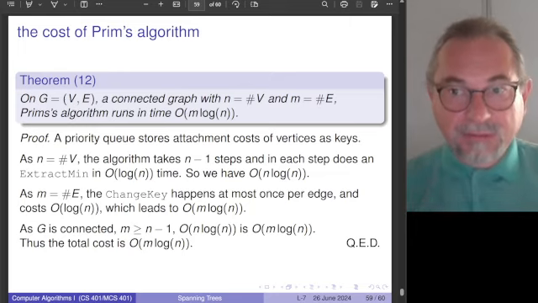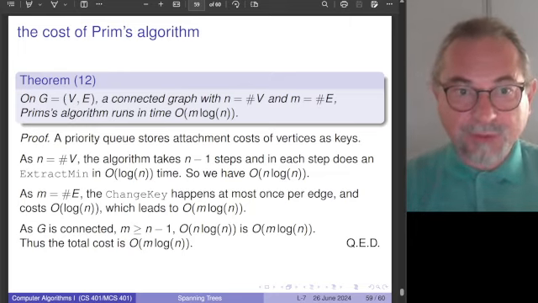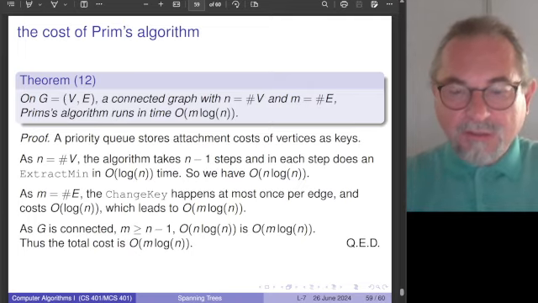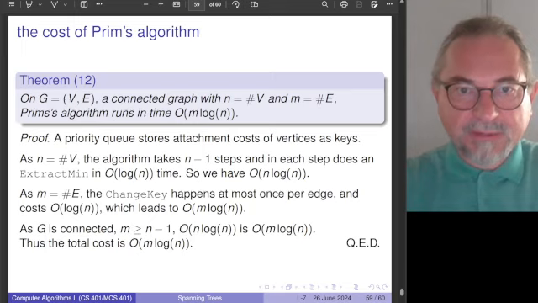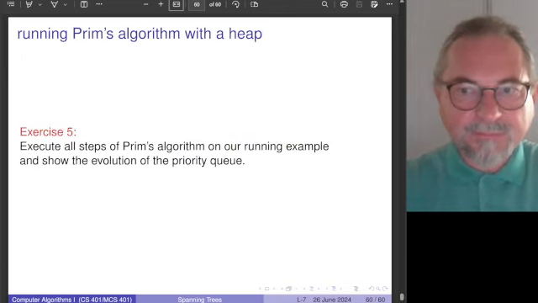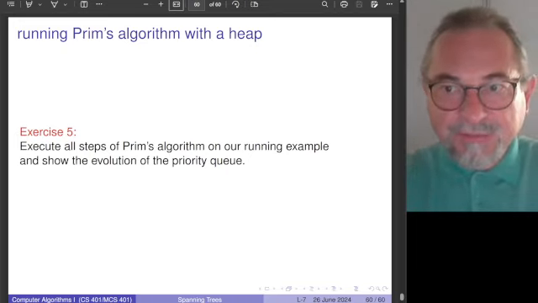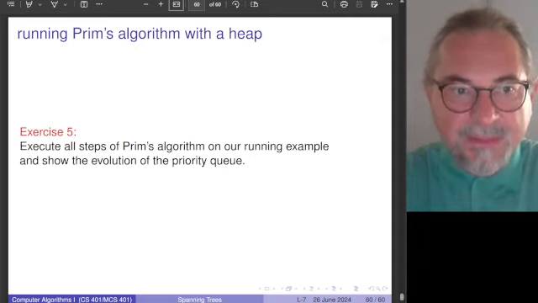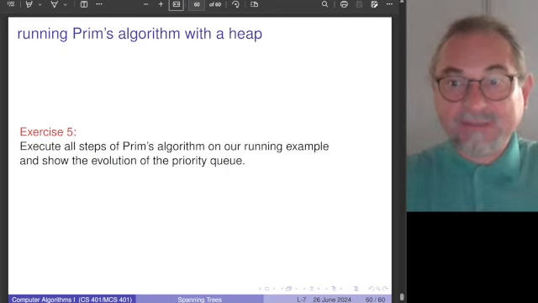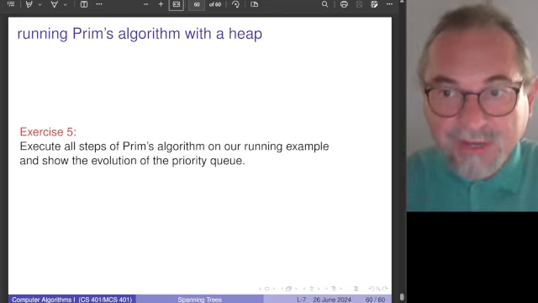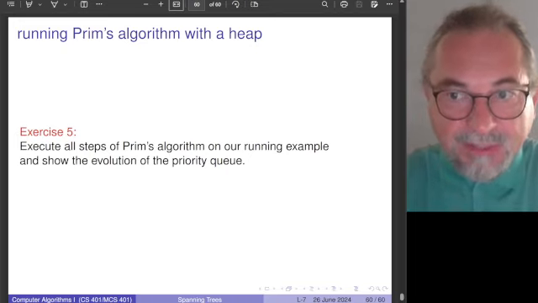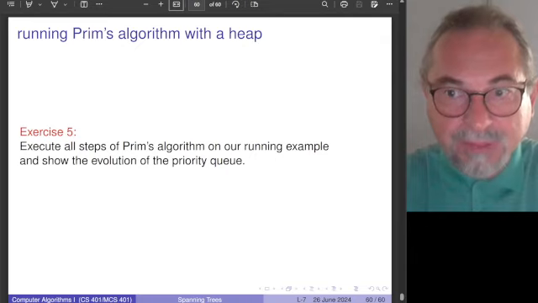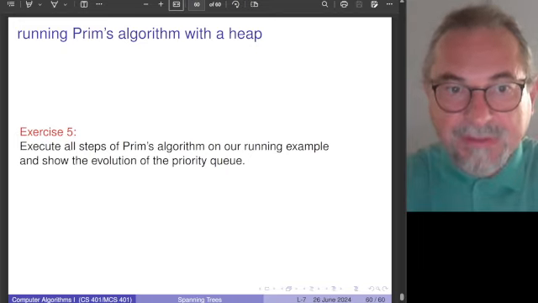So in order to do this proof, we have to understand the priority queues. Now, one last exercise. So we ran Prim's algorithm in the first half of this pre-recording, or it is in the slides. Now, what you should do, we had only 7 vertices, so you should make a heap and illustrate the evolution of the heap for all the steps of Prim's algorithm.